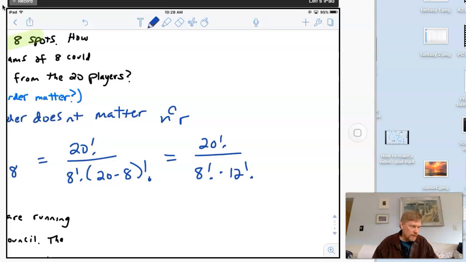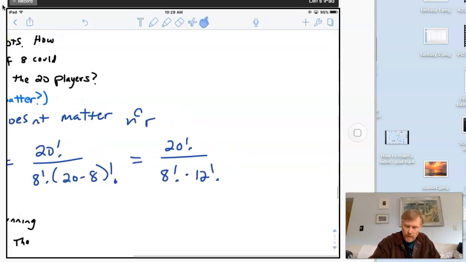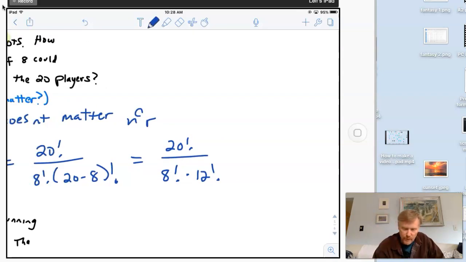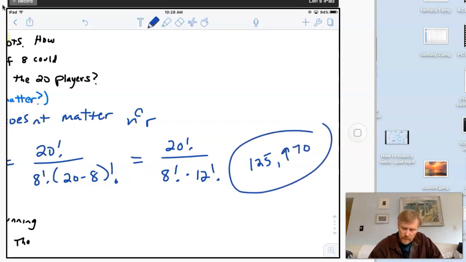So this is clearly one you're going to need a calculator for. I mean, you could break down the 20 times 19, go all the way down to 12. But your final answer is going to be 125,970 combinations. Okay, and that's it.